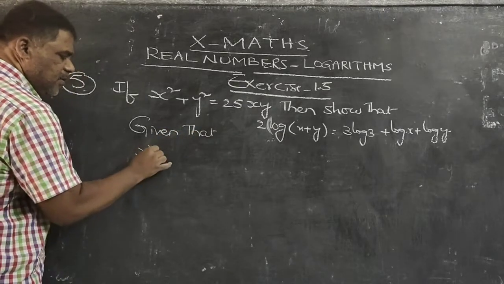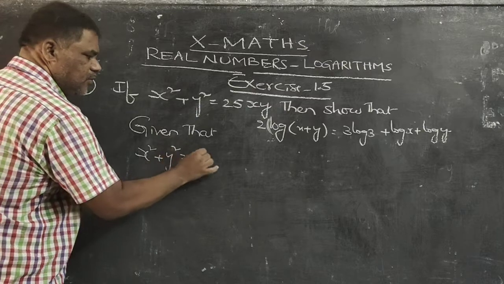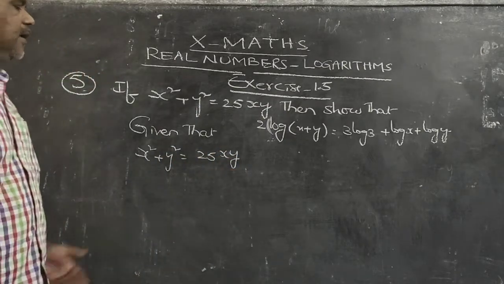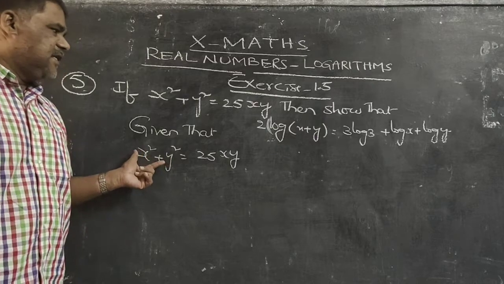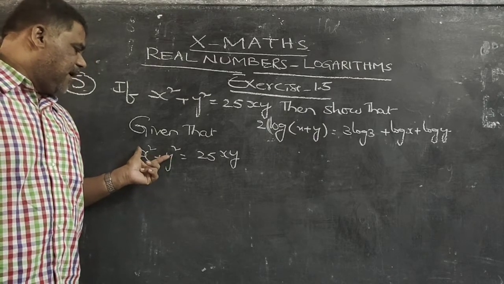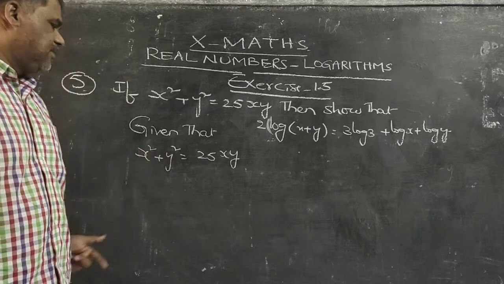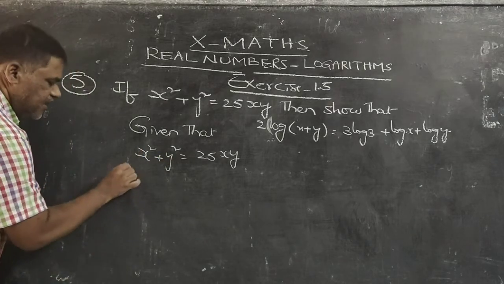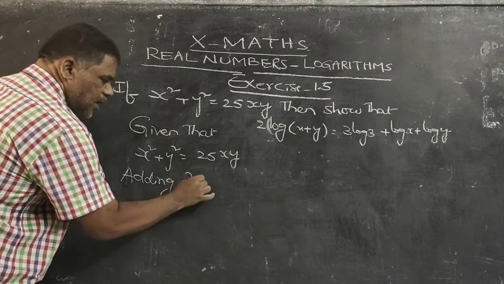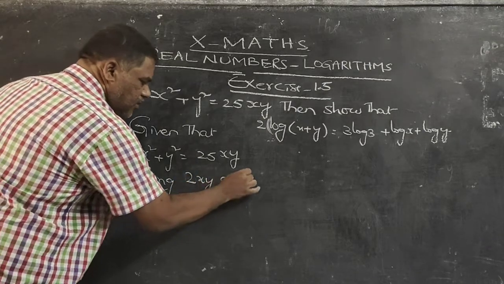Given that x square plus y square is equal to 25xy. If you want to make LHS a perfect square, either 2xy should be added or 2xy should be subtracted. So let us add 2xy on both sides.